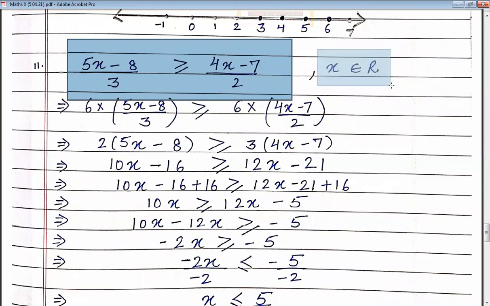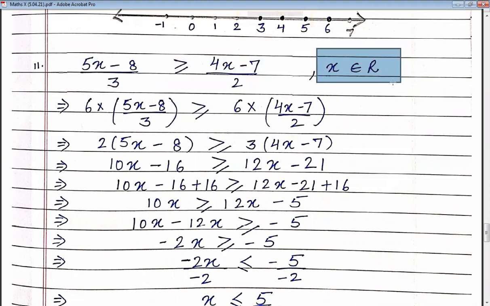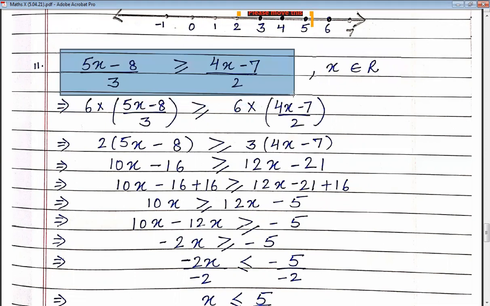And here the replacement set is x belongs to real numbers. Real numbers means all the numbers: your decimal numbers, your rational numbers, irrational, everything. So x belongs to real numbers is your replacement set and your linear inequation is (5x minus 8) upon 3 greater than or equal to (4x minus 7) upon 2.